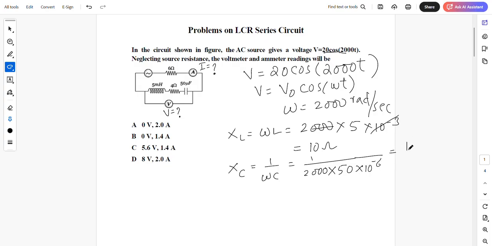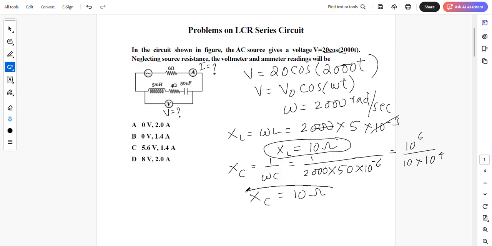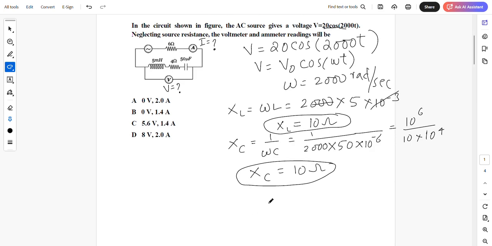That is equal to 10 to the power of 6 divided by 10 into 10 to the power of 4. So XC will be equal to 10 ohm. See, XL is 10 ohm, XC is 10 ohm. Then what will be the value of Z?